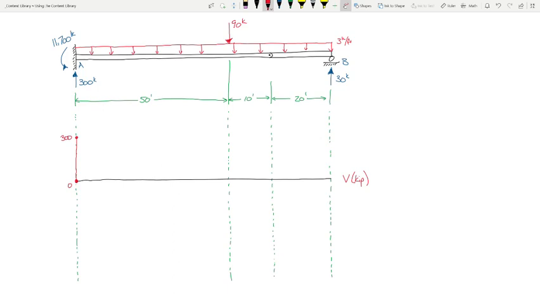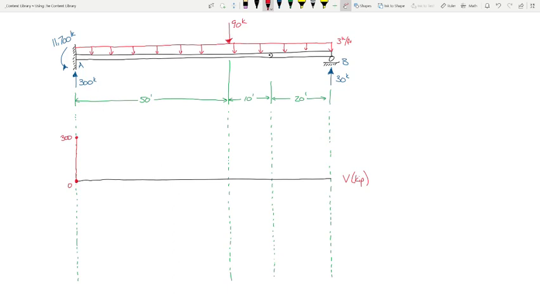So we've got a distributed load, which is pretty much everywhere on the beam. If we have a constant load, what does the shear diagram look like pretty much everywhere? Linear, right?